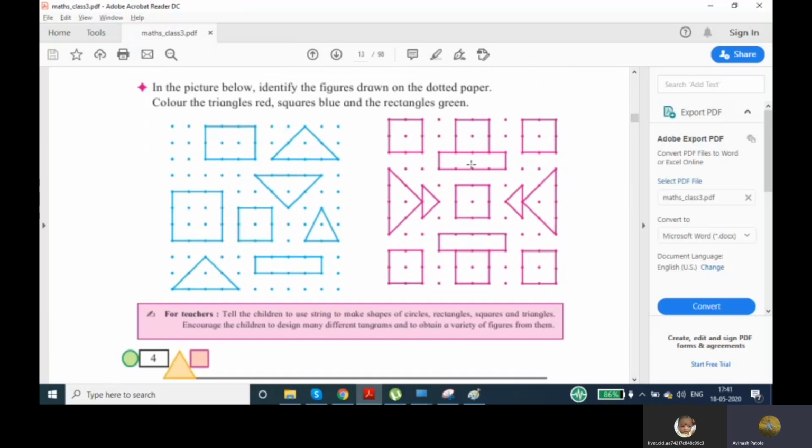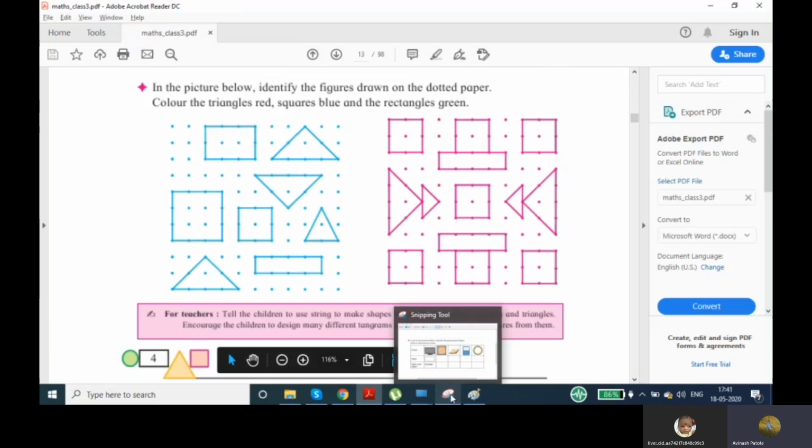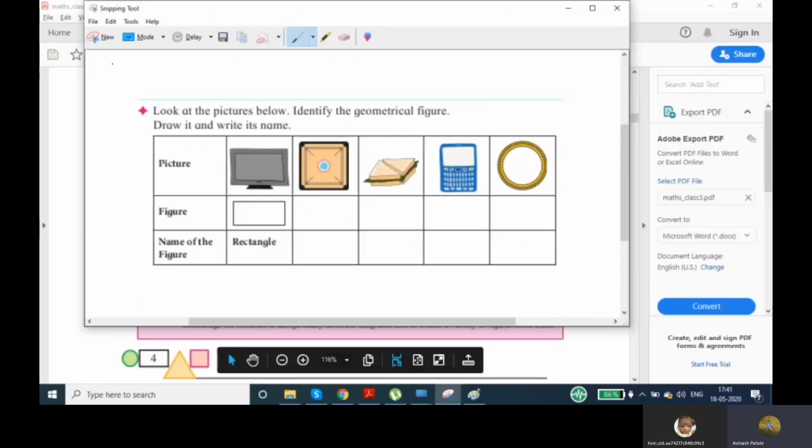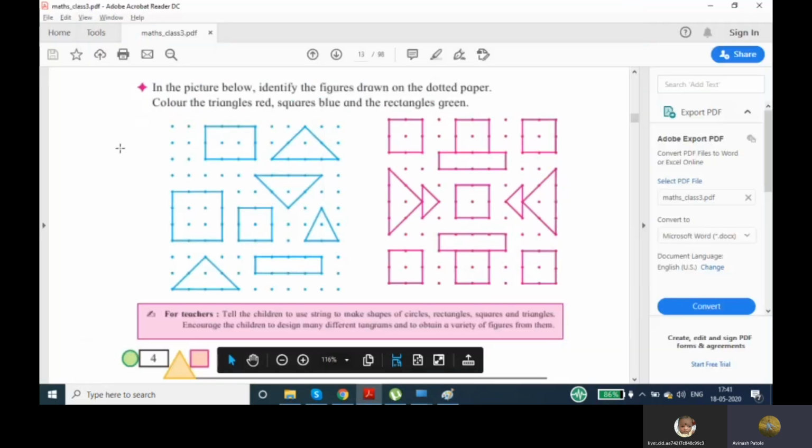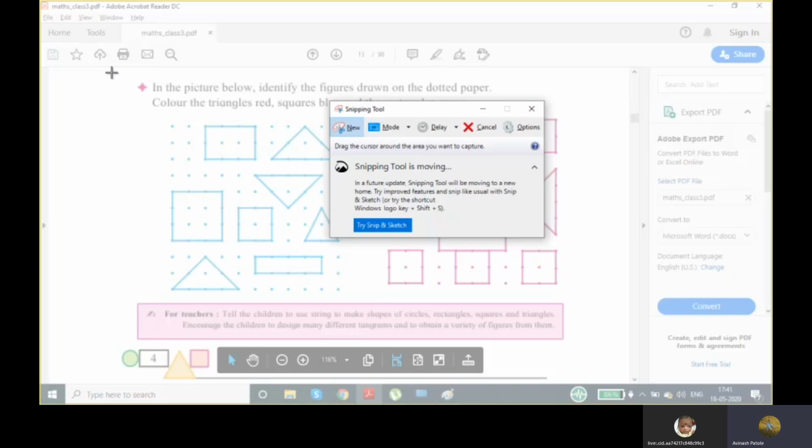In the picture below, identify the figures drawn on the dotted paper. Color the triangles in red, squares in blue, and rectangles in green. So we are simply going to pull this up, and we are going to do this activity. So let's quickly pick this up.